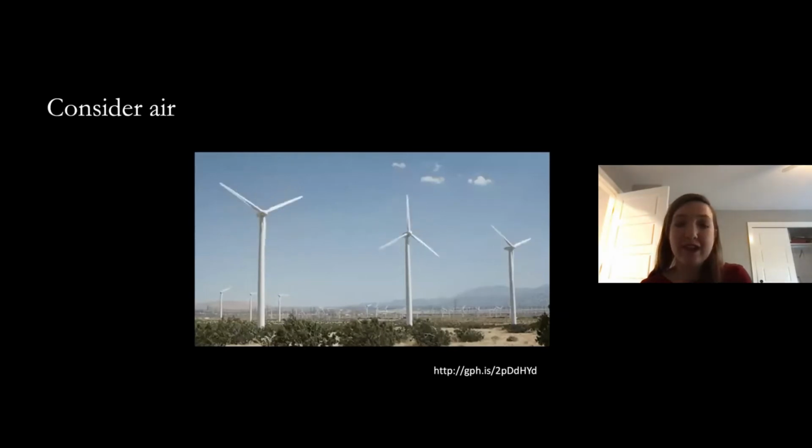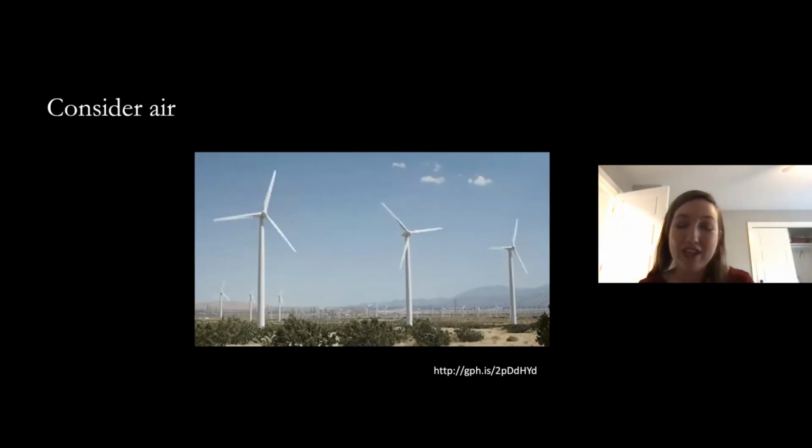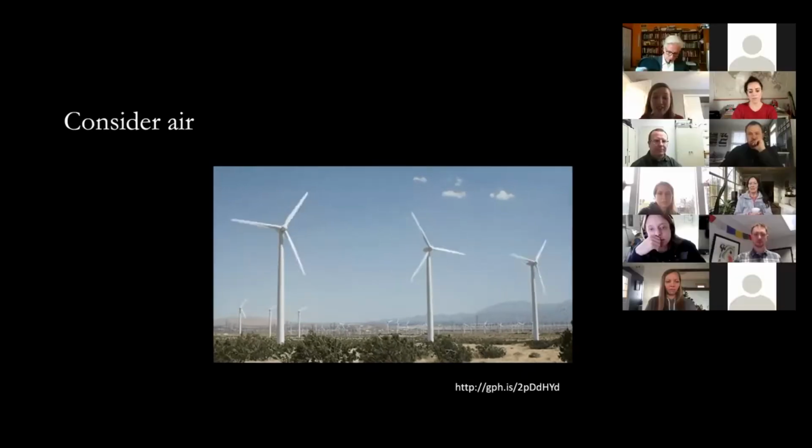So let's consider air. Air is transparent, at least at optical wavelengths, and optical wavelengths of light are what our human eyes are sensitive to. If we were all in a room together, I would be able to see your faces, even though there's a lot of air between you and me.